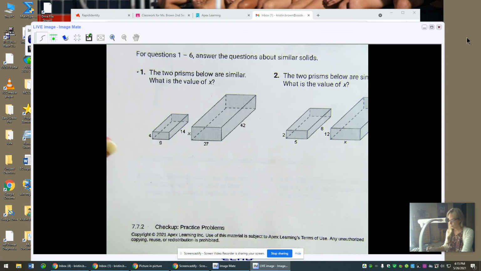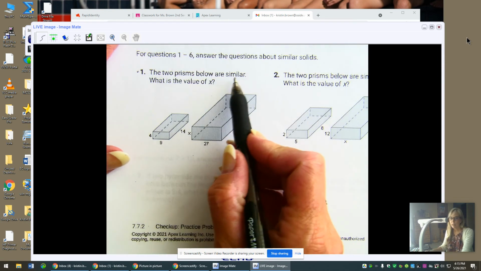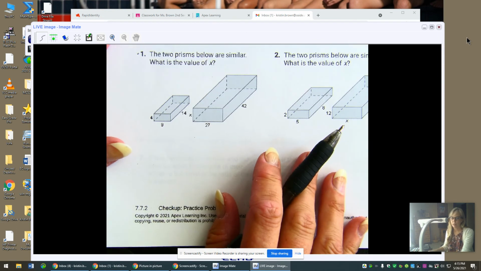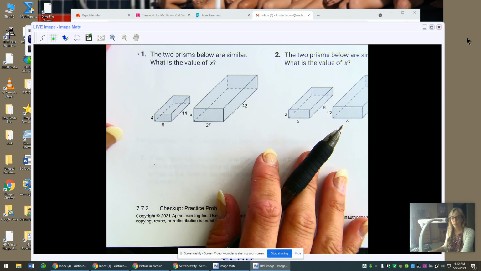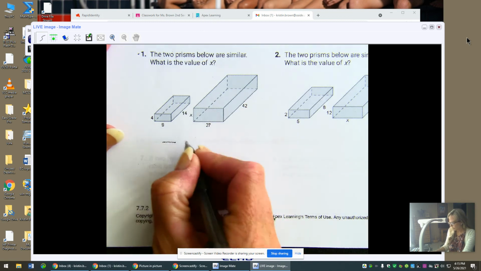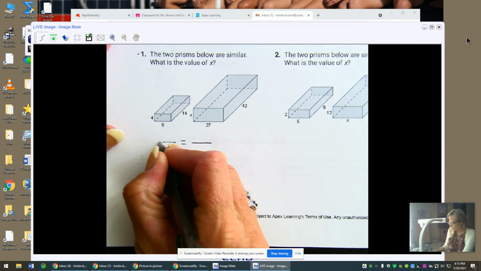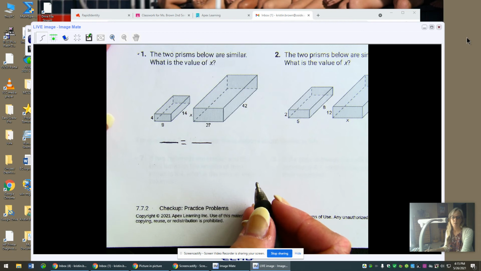Two prisms are similar. If we didn't know they were similar, we would not be able to solve this. But whenever you have two similar figures, we can set up a proportion problem. That's fraction equals fraction.